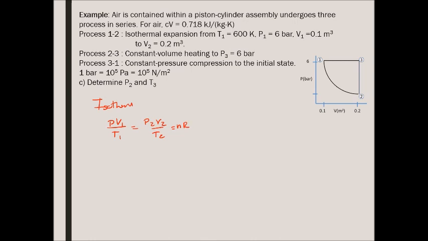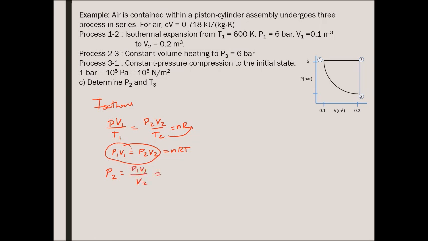We also know the temperature is constant, so P1V1 is equal to P2V2, which is actually equal to nRT, because for the isothermal process the temperature remains constant. So now we can use just this part of the equation to find P2 is equal to P1V1 over V2.